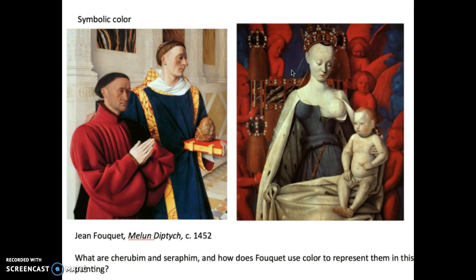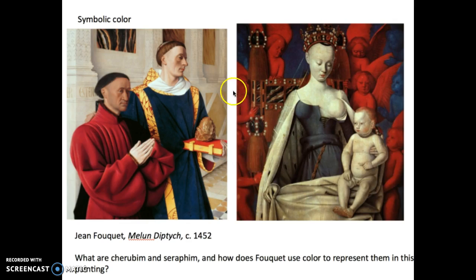We see red and blue angels symbolic of cherubim and seraphim, God's divine love, frequently in medieval and early Renaissance paintings. And they're used really to contribute to the otherworldly atmosphere of this painting.